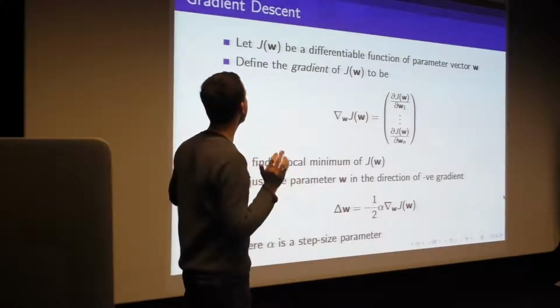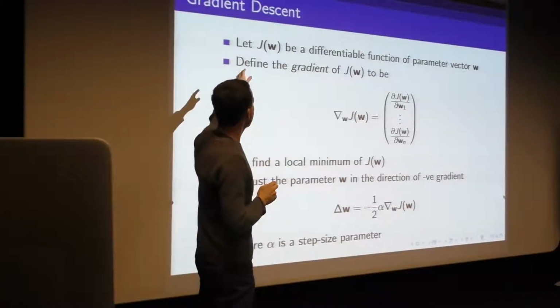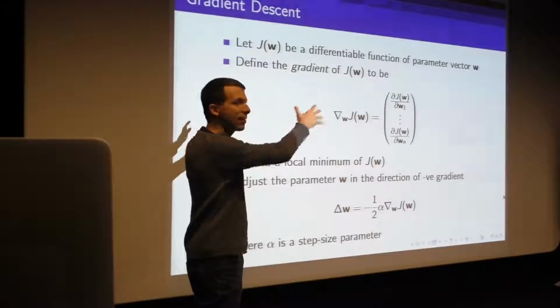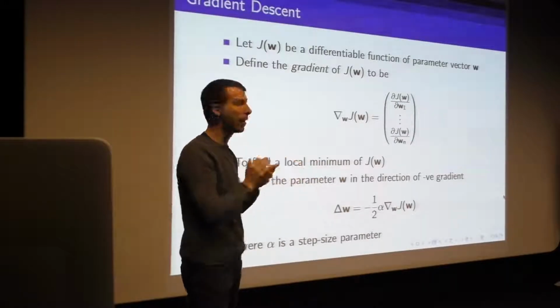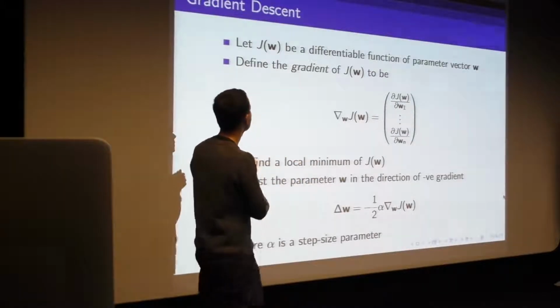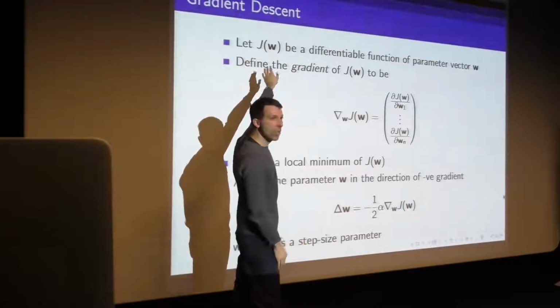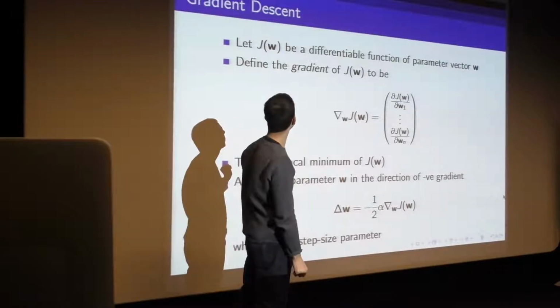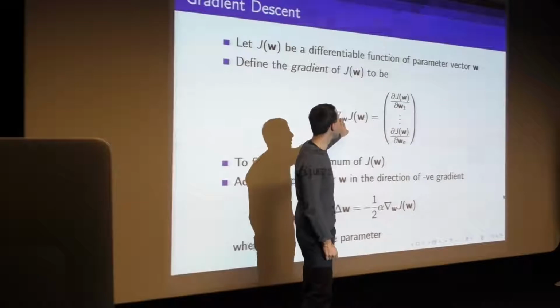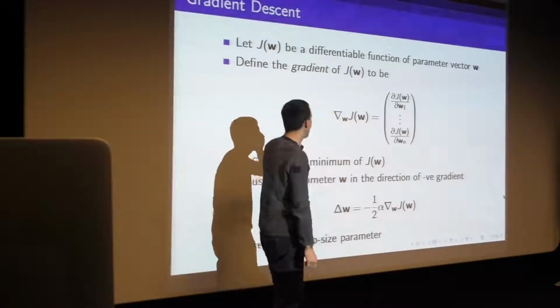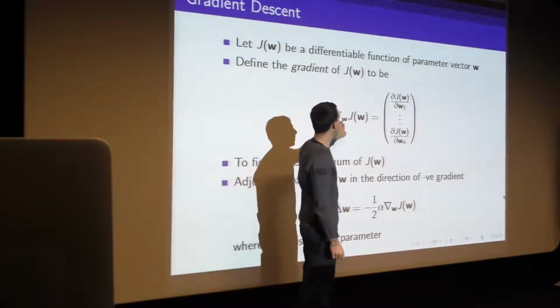So we're going to consider some function. This is just gradient descent in general before we move to our value function approximation. So let's just consider some differentiable function J with parameter vector w. And we're going to use this definition of gradient, this grad w notation.